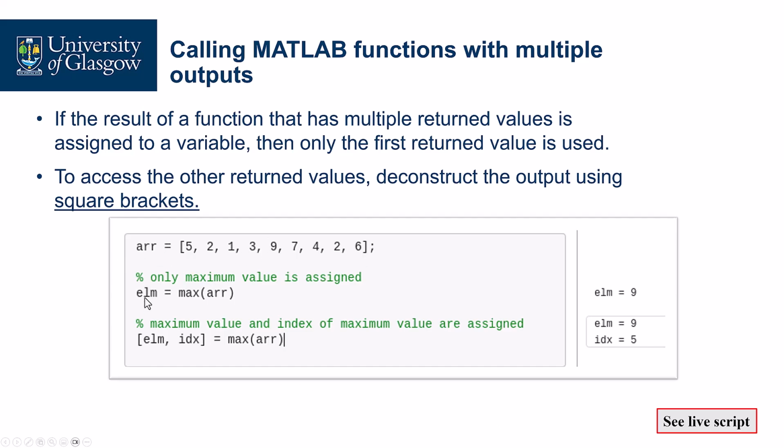If we just use one variable, by default it gives the maximum value of this array, and you can see here this is 9. If we want both outputs, we add idx. This provides the index of the maximum value 9. You can see 1, 2, 3, 4, 5, so this index is 5.